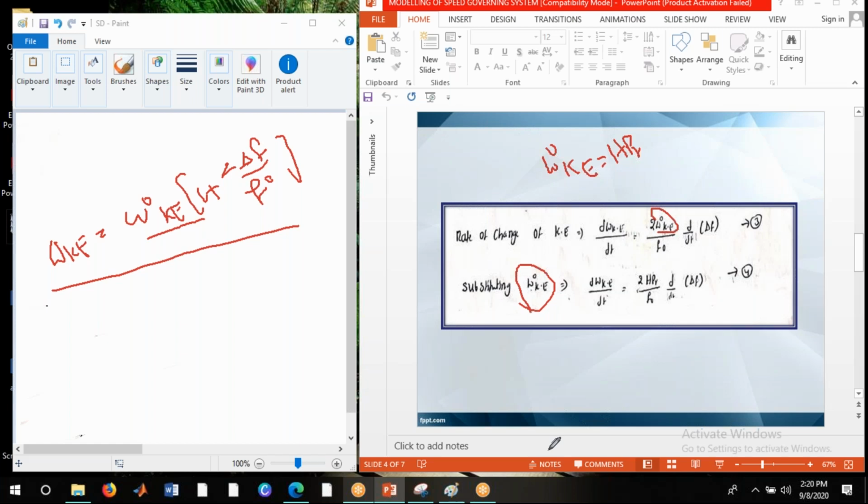So frequency increases means what is the initial delta F, what is the frequency initially, and what is the final frequency when the load is changed. That you have to find by using equation 4. So this is case one, where we form an equation with respect to the kinetic energy and how the kinetic energy is involved with respect to the frequency.